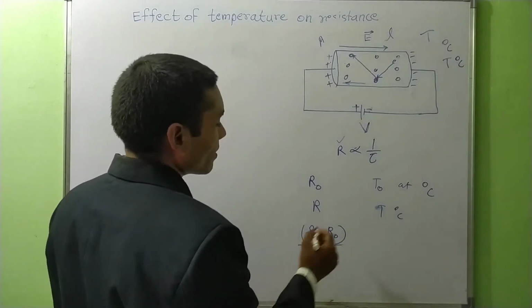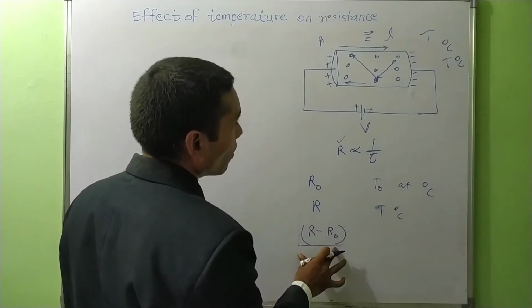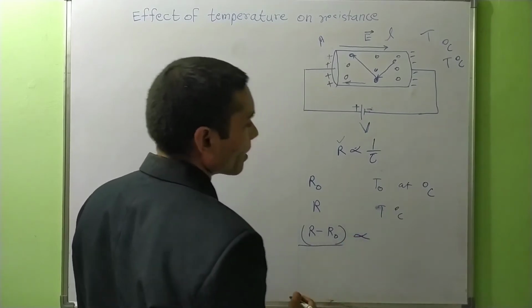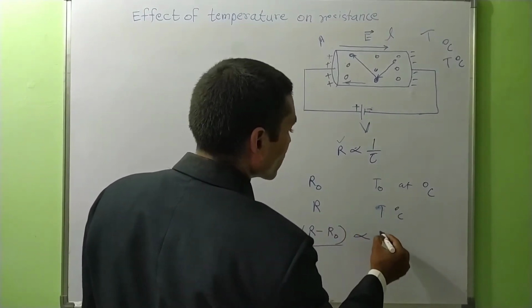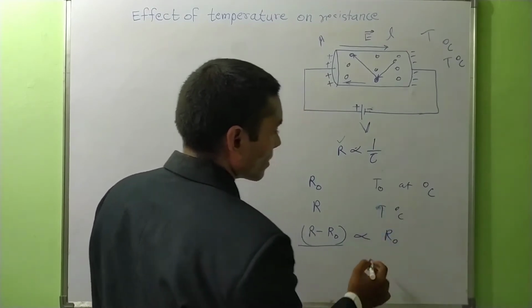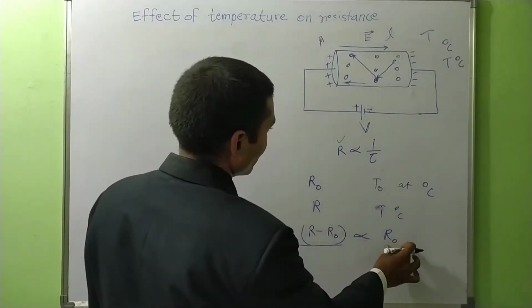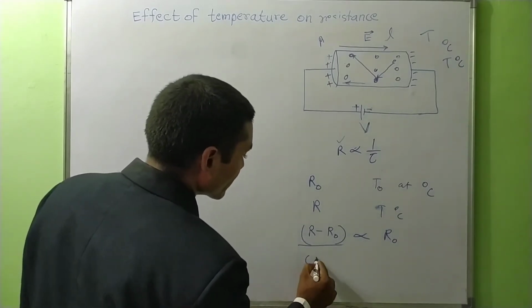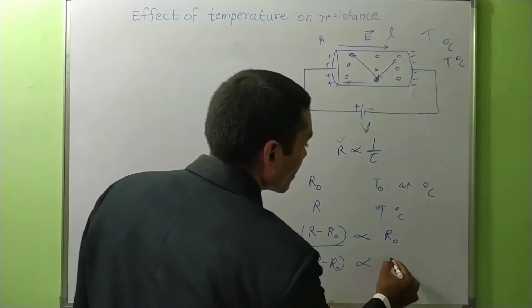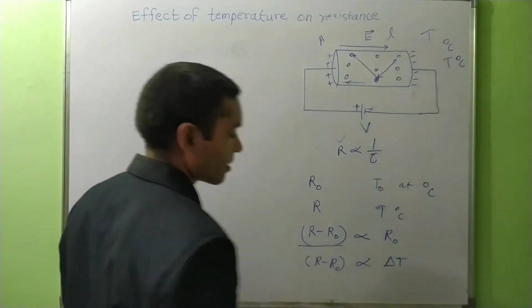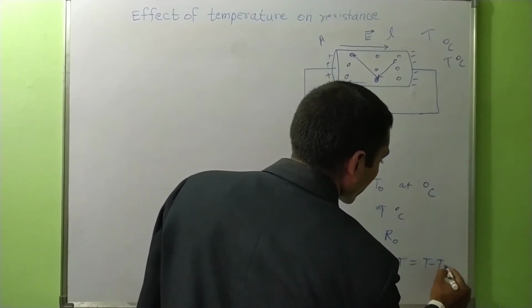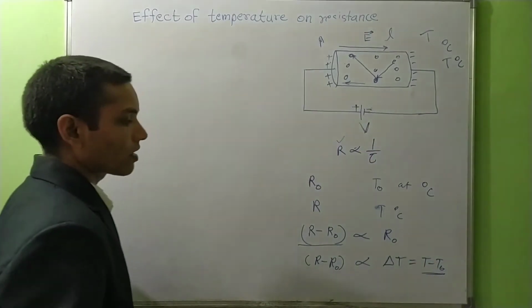Now this change, or increase, in resistance of the conductor is directly proportional to the initial resistance R0. This is the initial resistance. This change in resistance is also directly proportional to the change in temperature, del T. Del T is equal to T minus T0. This is the change in temperature.